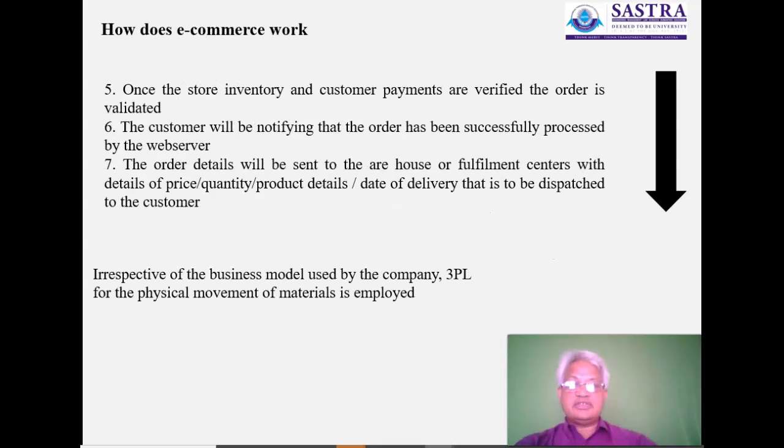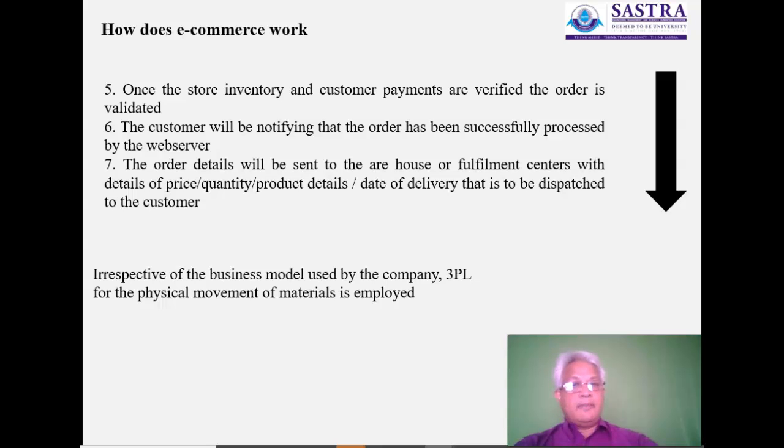After this, the fifth step is once the store inventory and the customer payment both are cross-verified and found adequate, the order gets validated. That means if there is a payment shortage, or the customer has executed the payment but it has not been processed, then he will immediately get a message stating the same.